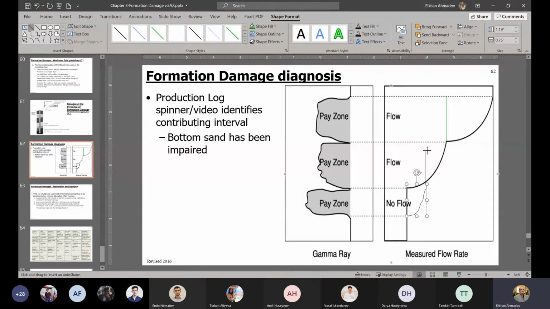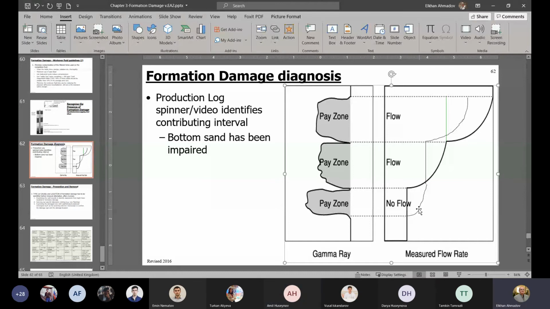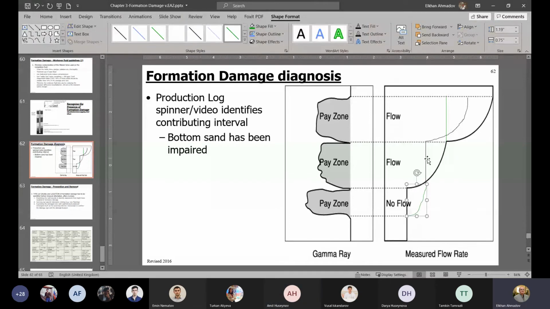Can you see the drawing? Yes, the constant meaning. So the green line is the case that you talked about.